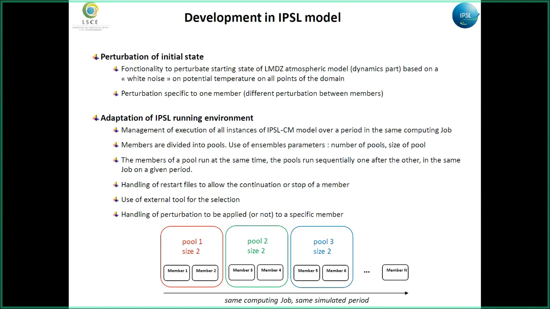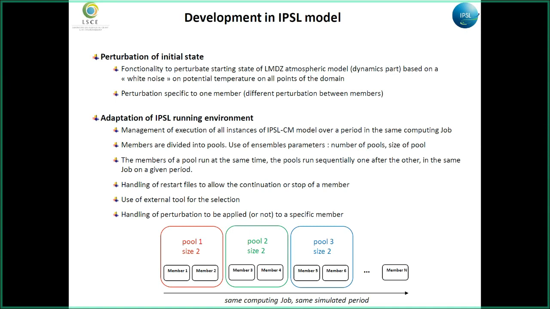And finally, we also have to adapt the IPSL running environment to handle the management of execution of all instances, all members of the IPSL model, over a period in the same computing job. Members are divided into pools, so we will define some ensemble parameters, defining the number of pools and the size of a pool.